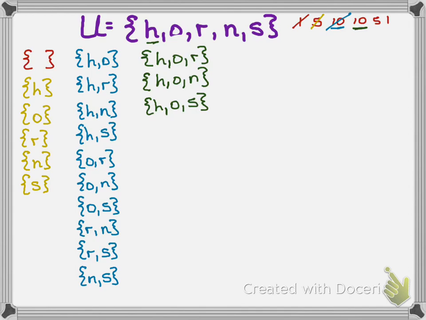Oops. Fix that up there a little bit. Now we're going to do H, R. So H, R, N, H, R, S. So that takes care of everything with HR.